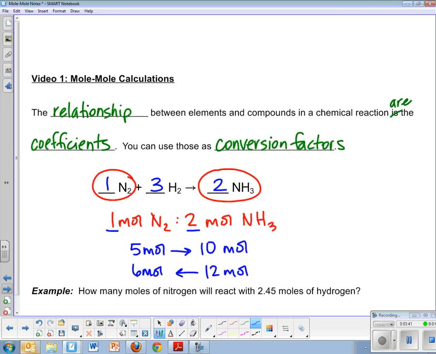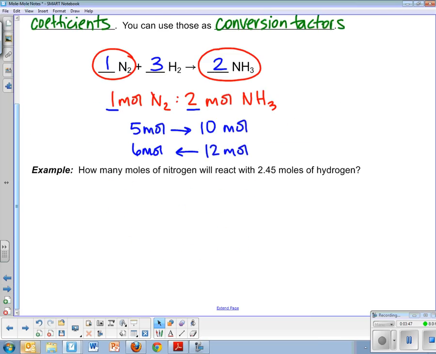Let's use this in a problem, and I'm going to show you how we write it out. You're always going to have to have a balanced reaction for all of these problems, so we're going to use the same reaction for my example. It says, how many moles of nitrogen will react with 2.45 moles of hydrogen? What I normally do is write down underneath each thing in the problem what I have and what I want to know. So 2.45 moles of hydrogen.